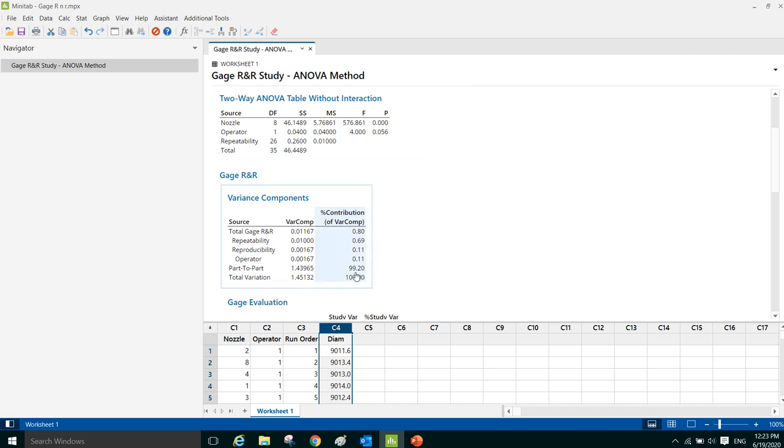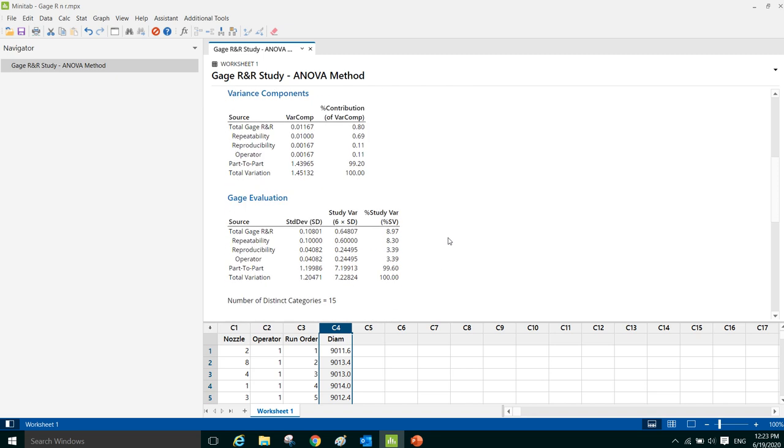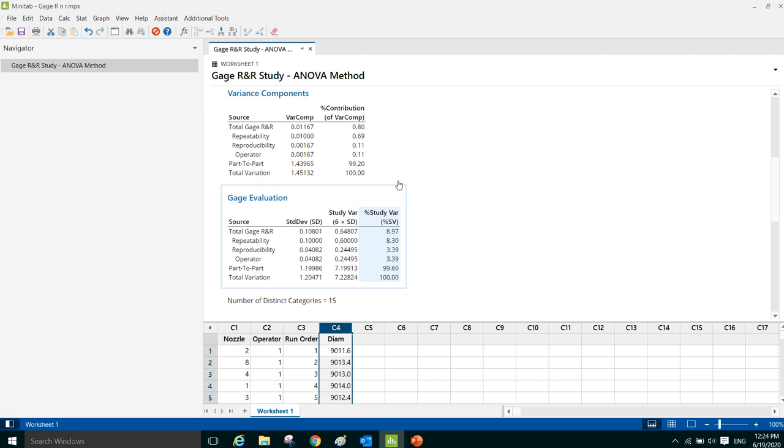And mostly the variation in the C4 data is coming from the part to part itself. And if you want to compare the measurement system variation to the total variation, then you need to look at this gauge evaluation. From the percentage study variance, we can see that 8.97% of the total variation is coming from the measurement system.